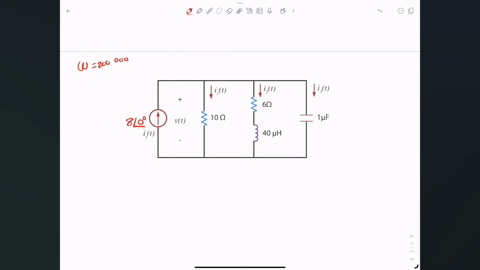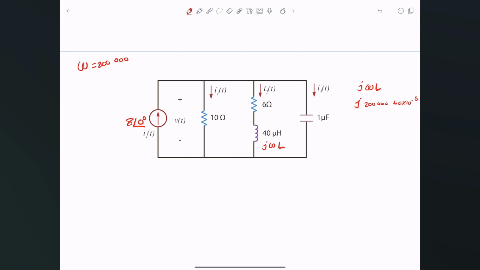So what about the 10 in here? Well, the 10 is still 10. Nothing changes in here. The 6 stays 6. And what about this one here? Well, this one here is simply j omega L. Let me compute the j omega. Omega is 200,000. So j omega L is simply j times 200,000 times L, which is 40 times 10 to the negative 6.